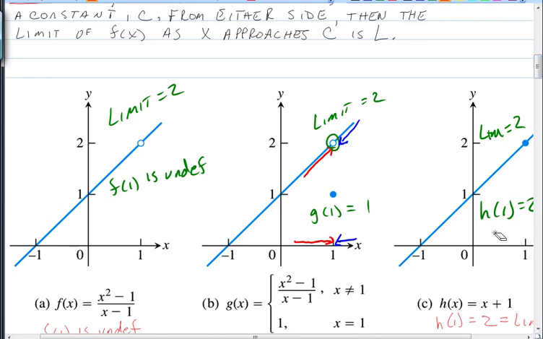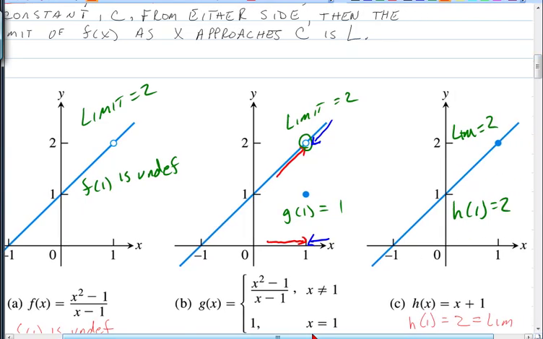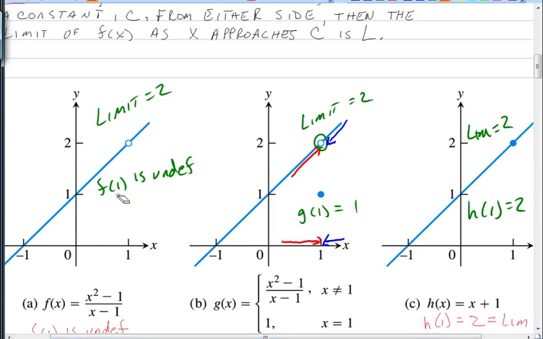We like the direct substitution if we can use it. See, this function was undefined at the point 1, so I couldn't use direct substitution. This function had a different value at that point, but the limit of x is not undefined anywhere, so I can plug in that 4.